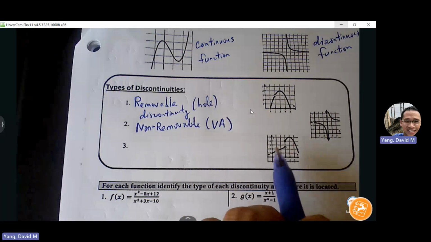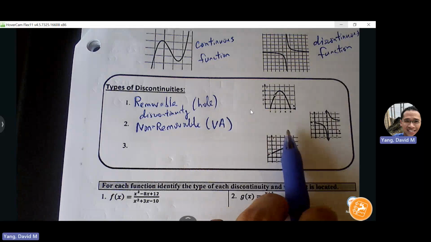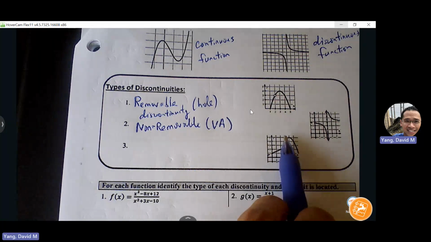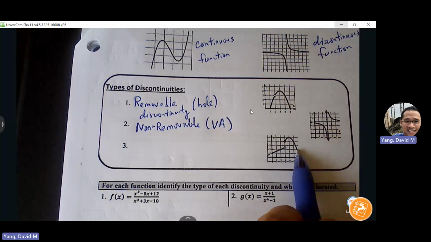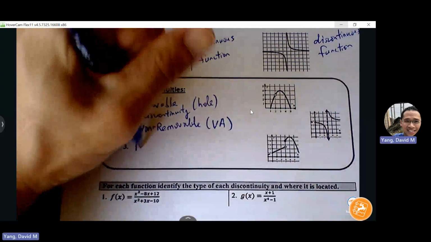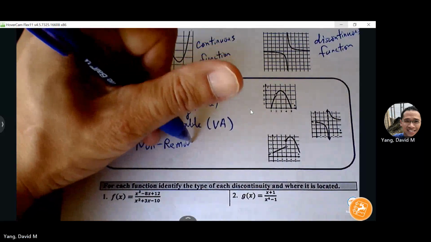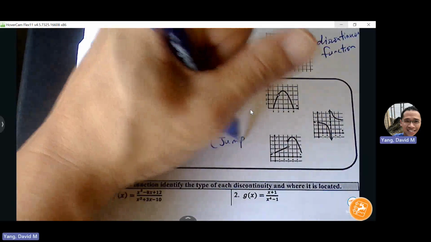And then we also have another non-removable, a third instance here, which is a jump discontinuity, where you have a piecewise function and you're jumping to another branch, but it's not due to a vertical asymptote, even though we consider both of these as non-removable. We also call this a jump discontinuity.